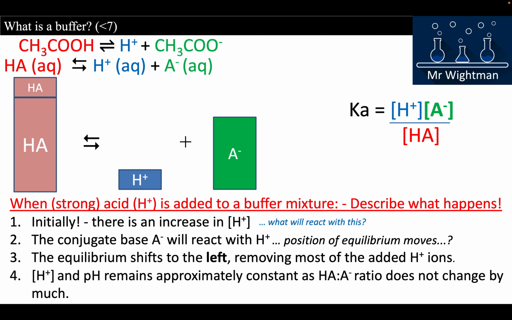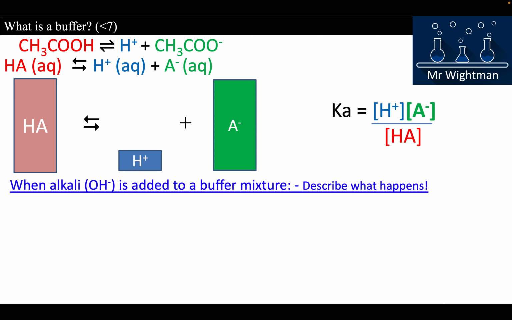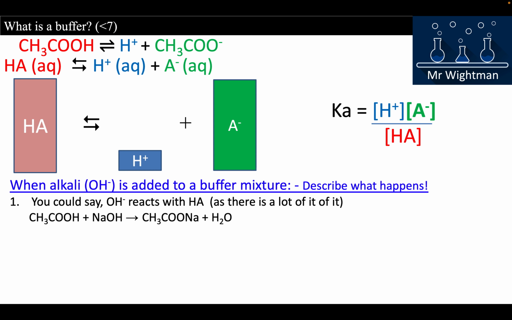If you were to add hydroxide, such as sodium hydroxide, an alkali, to the buffer mixture, you could again be asked to describe what happens qualitatively. So you could say that the hydroxide you've added will react with the weak acid, and you should understand this from standard acid-base reactions. So weak acid plus sodium hydroxide makes the sodium salt and water.